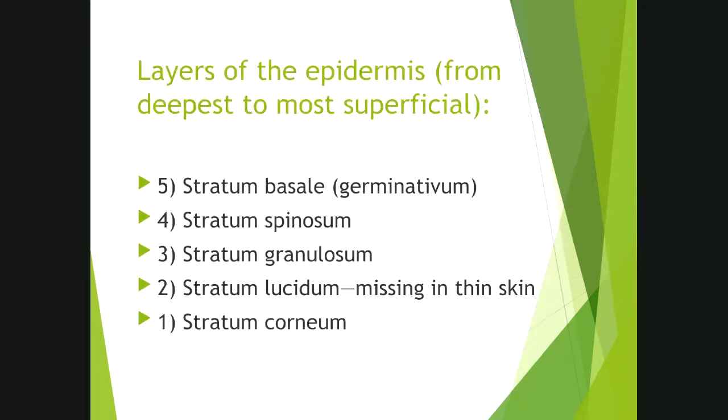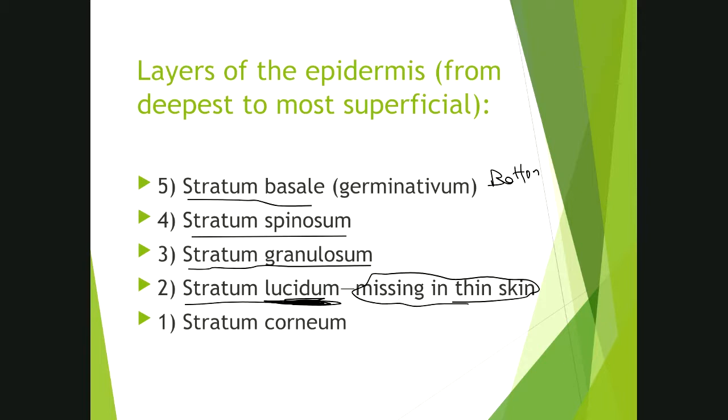But we already have named these. So remember, if you start at the bottom and then work your way toward the top, it's the stratum basale, and then the stratum spinosum, stratum granulosum, and then lucidum. And remember, this is the one that you'd find in thick, but you don't find in thin. And then corneum.